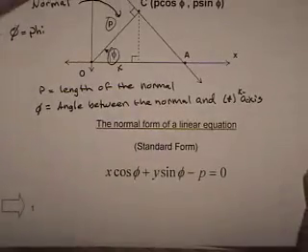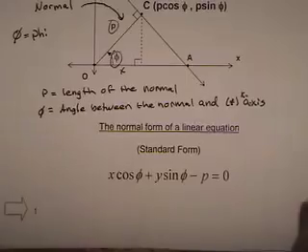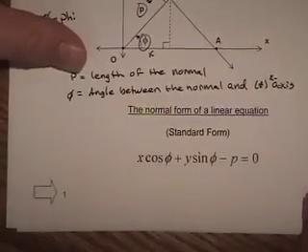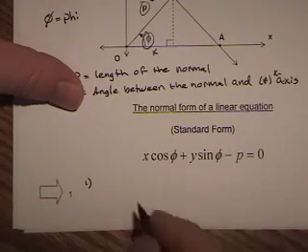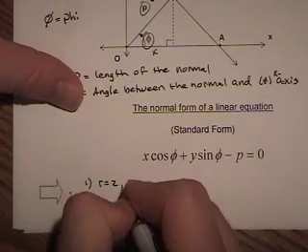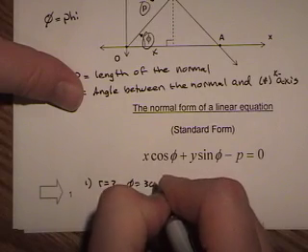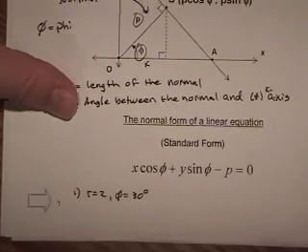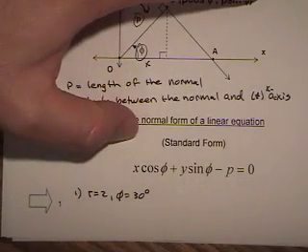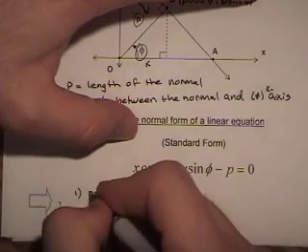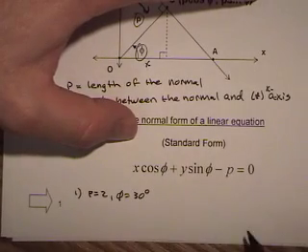I didn't have an example here, but let's get an example. Let's find the normal form of, let's say, p equals 2, phi equals 30 degrees. If I had this, just plug in everything you know. Sorry, not r, p. So p equals 2, phi equals 30.